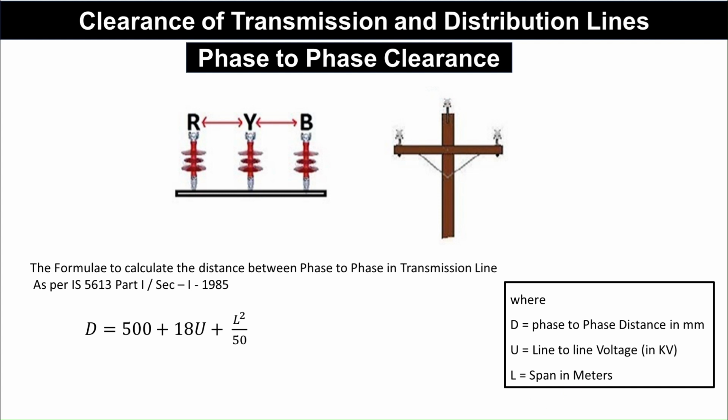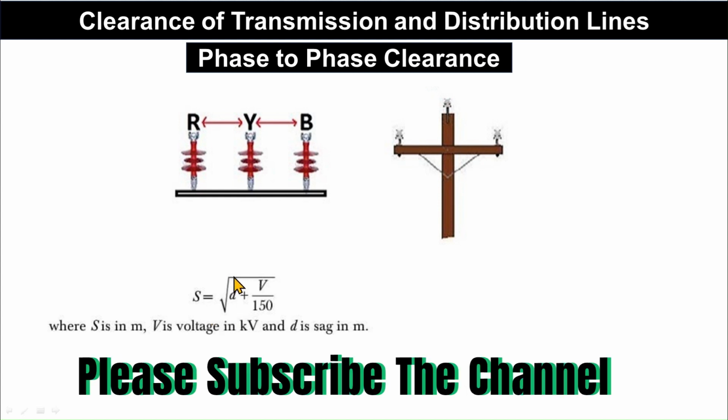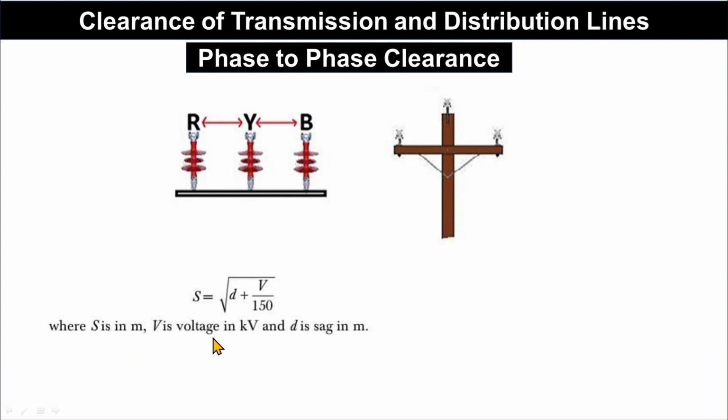The another formula to calculate the phase to phase distance is S is equal to under root of D plus V divided by 150, where S is in meters, V is the voltage in kilovolt and D is sag in meters.